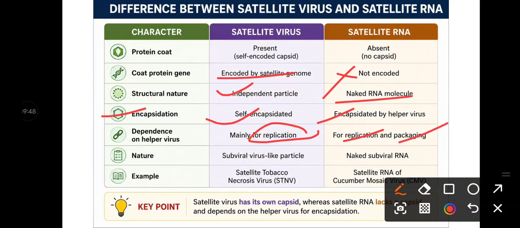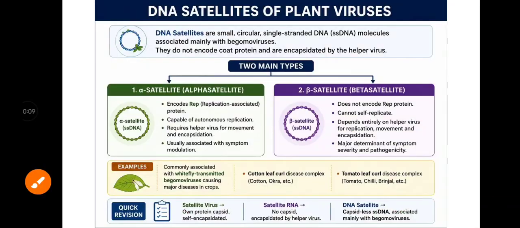The nature, so satellite virus is a subviral particle, but the satellite RNA is a naked subviral RNA. Example, STNV, or here satellite RNA of CMV. Who discovered this? I have already told you. So this is about the satellite RNA and satellite virus.